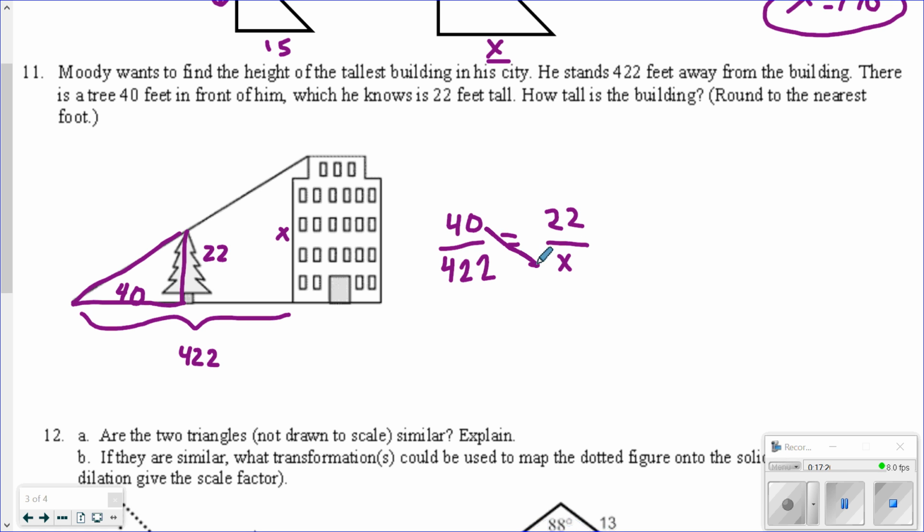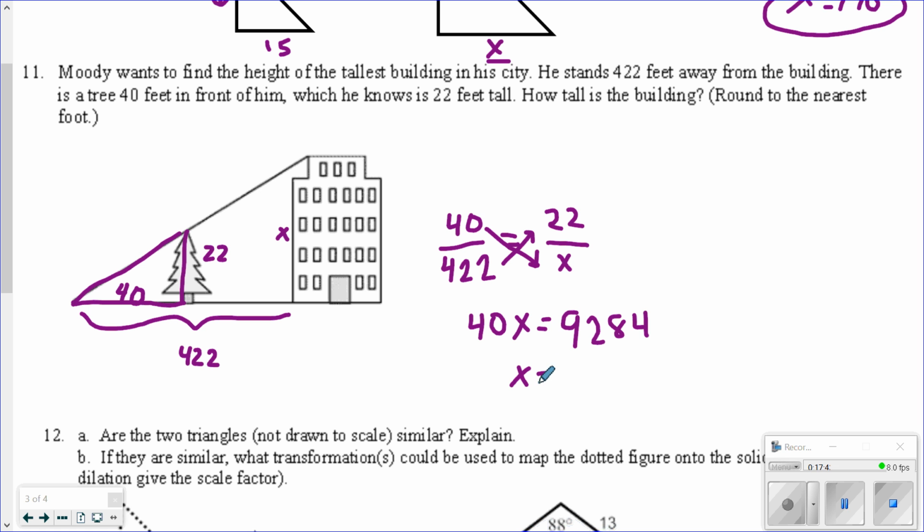Then I'm going to cross multiply. That becomes 40x is equal to 422 times 22. That is 9,284. Divide by 40.